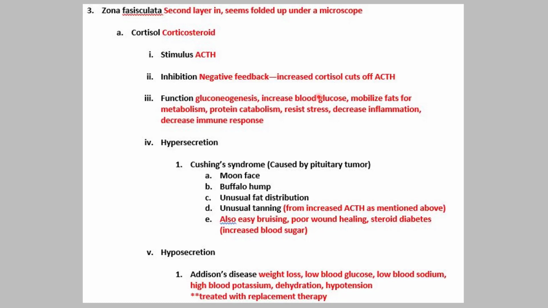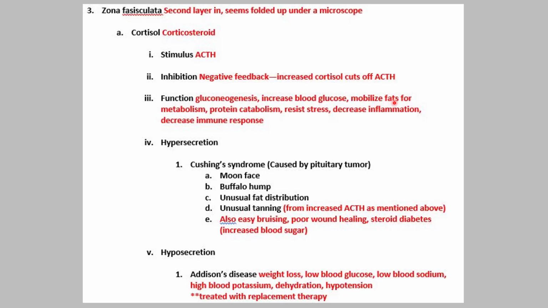That's because it is increasing your blood glucose. If you've ever happened to take your blood sugar shortly after a cortisone injection, normally that's supposed to be right around 80 to 100. It's not uncommon to see blood glucose up in the 300 or 400s after a cortisone injection.